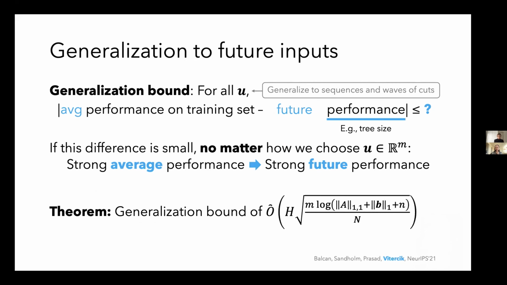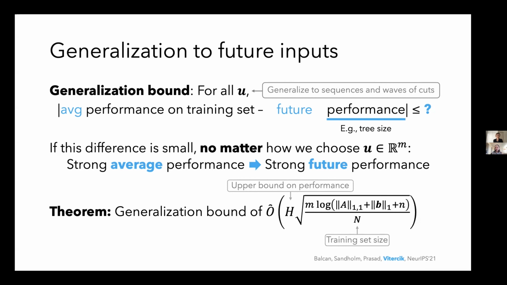And in particular, we prove this generalization bound of H, where H is an upper bound on this performance function over the support of your distribution, times the square root of m, where m is the number of constraints, times log of the maximum norm of the matrices defining your LP, your integer programs over the support of your distribution, plus the maximum norm of the b constraint vectors over the support of your distribution, plus n, where n is the number of variables, divided by N, where N is the size of your training set.